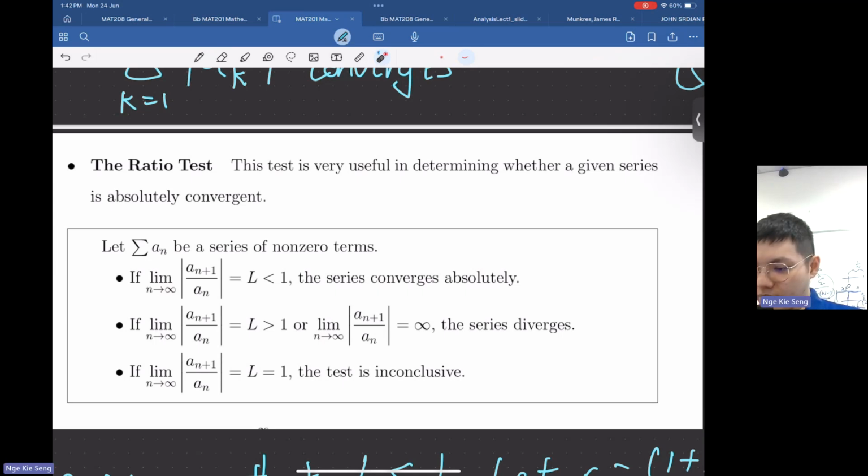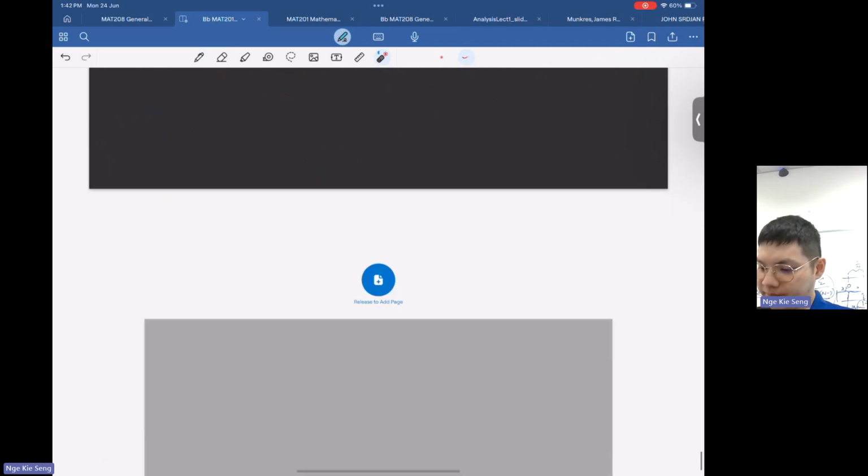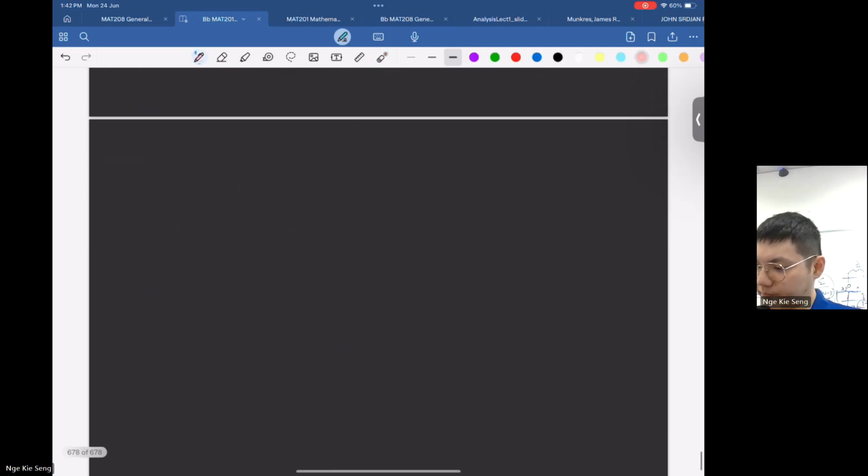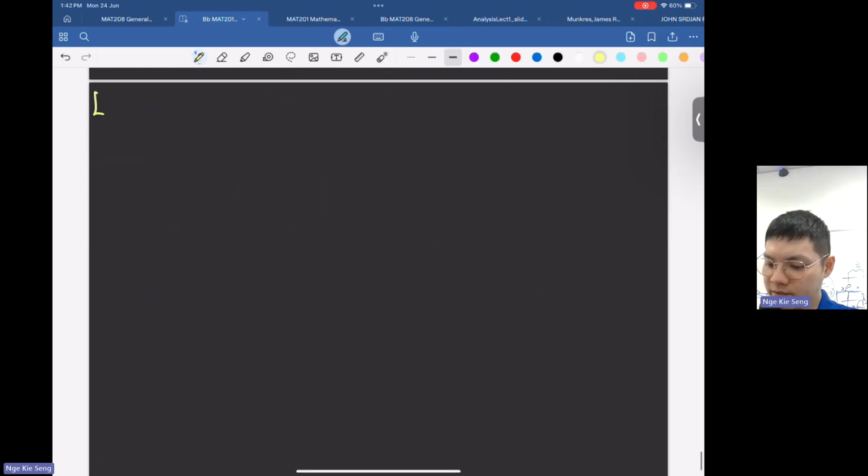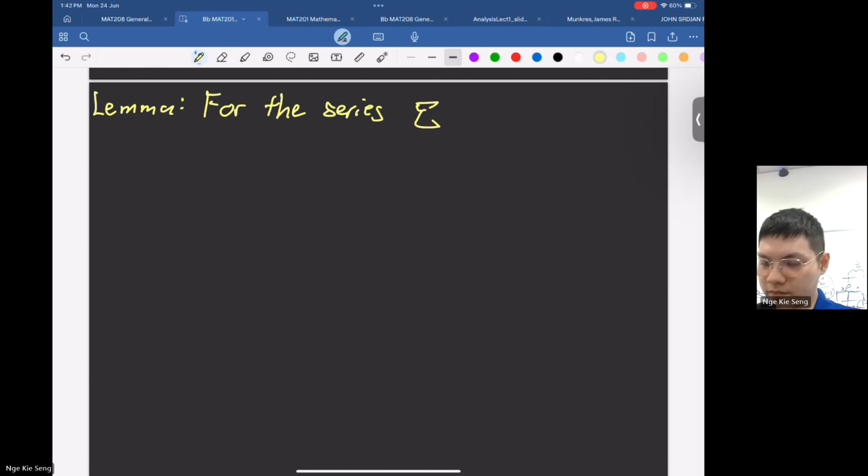So we need to prove this. Before proving this, we need a lemma. So let's put a lemma here. Take a series, sum from k equals 1 to infinity of a_k.